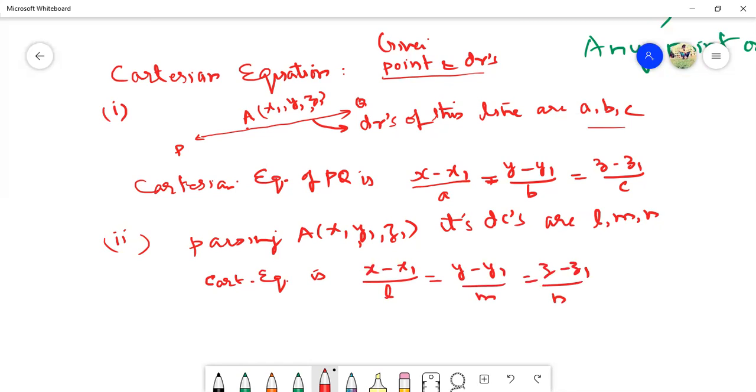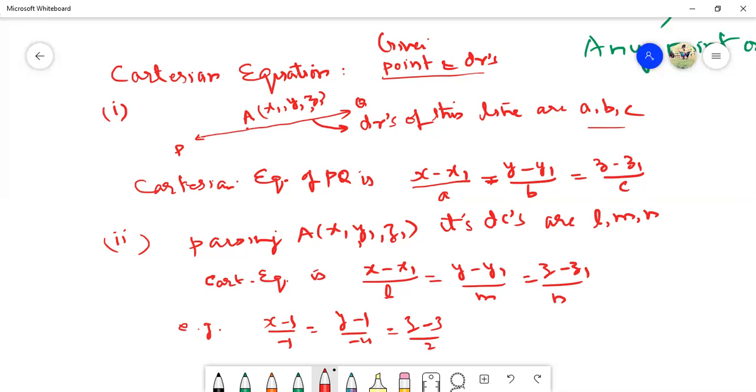Now the question arises, if some equation is given, for example, x minus 1 by minus 1 and y minus 1 by minus 4 and z minus 3 by 2. This is the equation of some line, let us suppose. So how we will recognize whether it is a DC or DR?